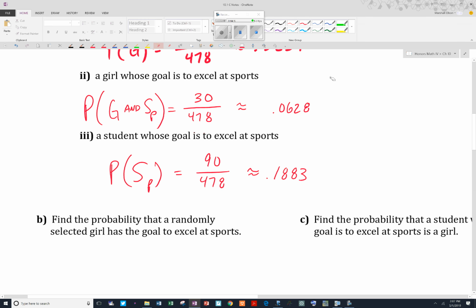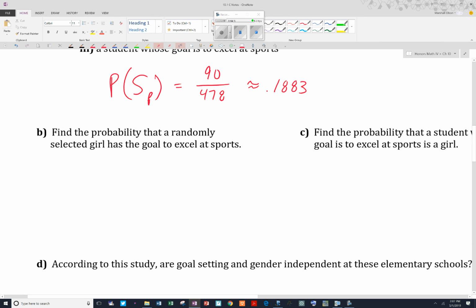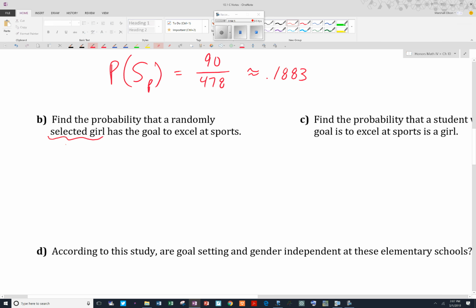In other words, that piece of information is given to us. This is our given event, or the probability of being the girl is our given probability. So we are finding the probability really that someone has a goal to excel at sports given that they are a girl. That's what we're finding here.